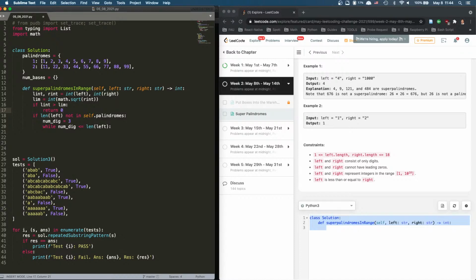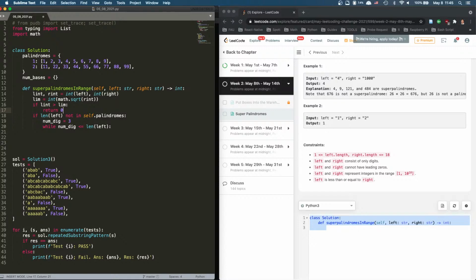what? Then I should also take the square root of that as well. So we have a lower limit and then we have a higher limit on the base, right? On the base, the lower limit and the higher limit on the base. Right? Lower limit is going to be the left, take a square root, and plus 1. That's the lower limit. And we also have a higher limit.